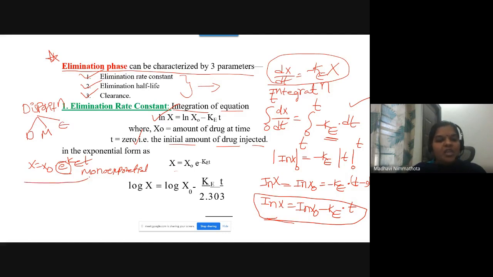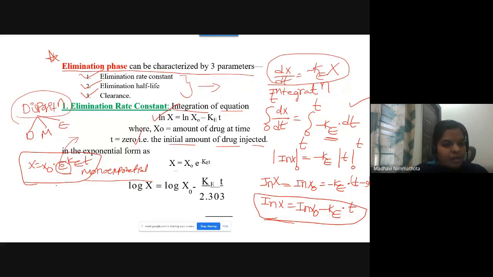So from this equation you will get one point, like this elimination rate constant. In the one compartmental open model, the drug disposition process will have a mono exponential form: x is equal to x naught into e to the power of minus ket.